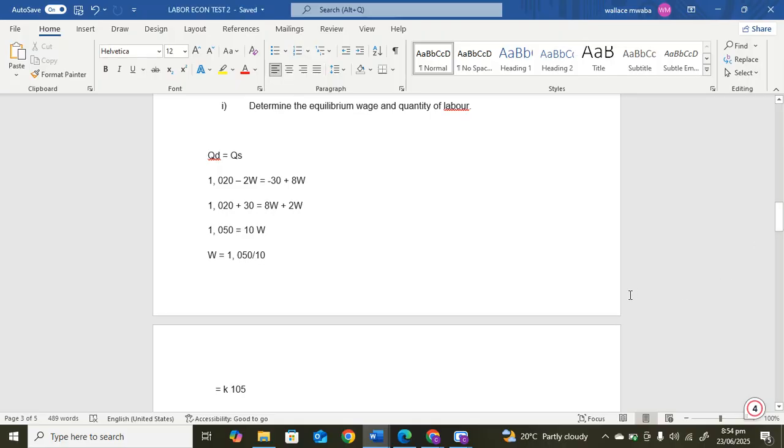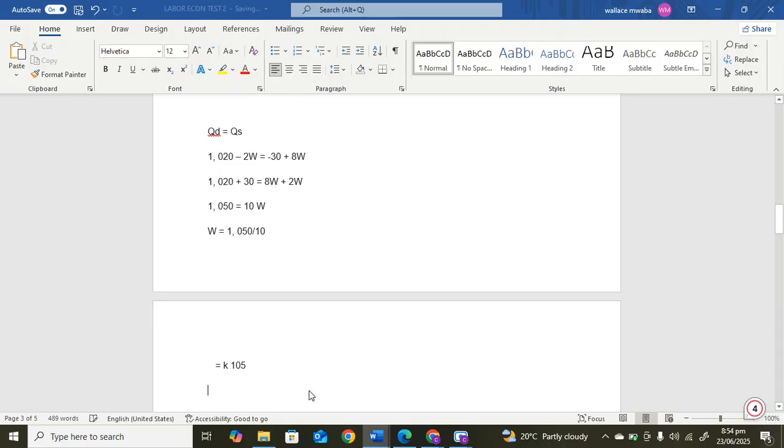Now find the equilibrium quantity. You can substitute this wage rate, W equals 105, in any equation. Okay, let's substitute it into the demand equation. So QD equals 1020 minus 2W. So W we substitute with 105.